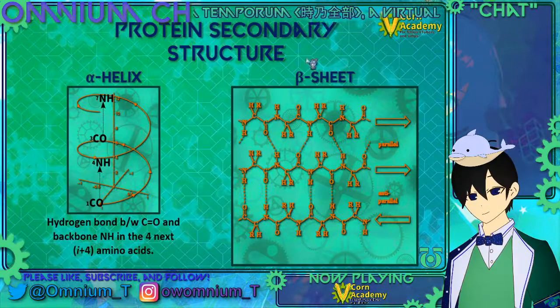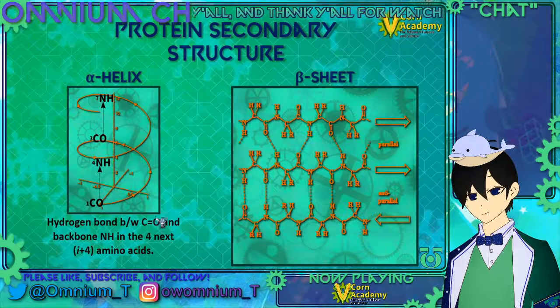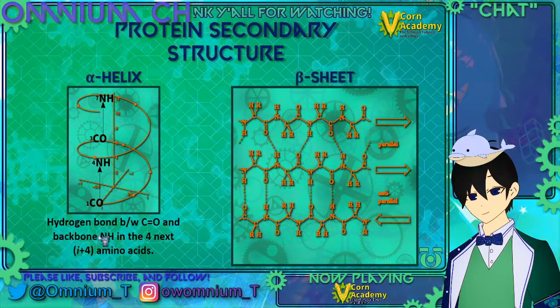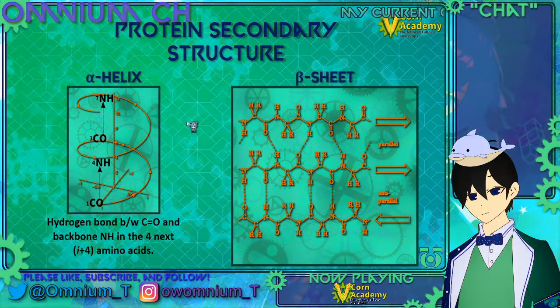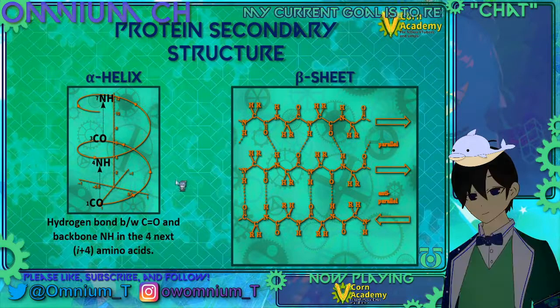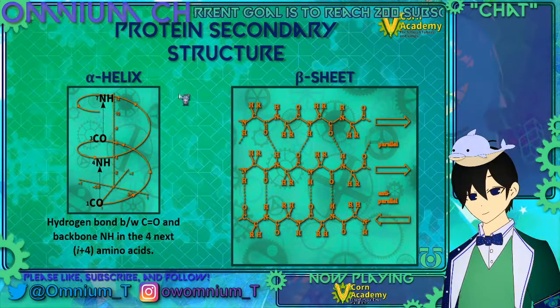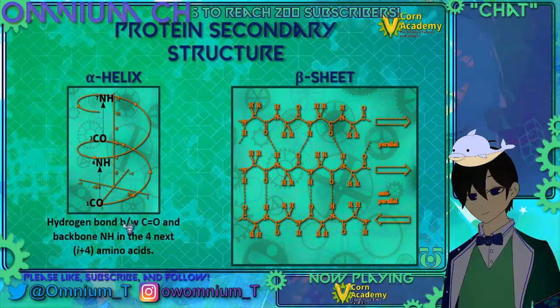Yeah, let's move on. Secondary structures. So we have alpha helix and beta pleated sheets. So you usually see this in alpha helix. You have the O being negative and the N being positive. And it goes from the first CO to the fourth NH.